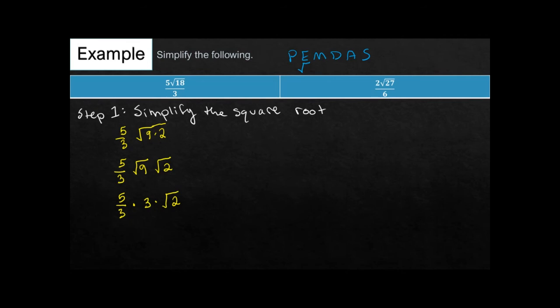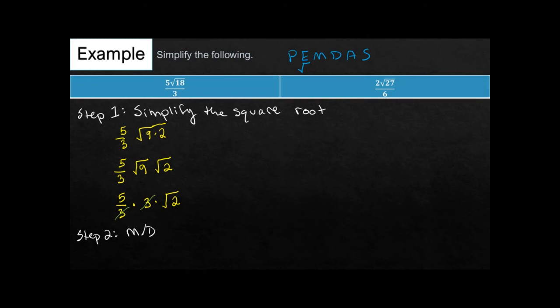And now here is where we need to do the order of operations. We're doing our multiplication and division here because we don't have any addition or subtraction. So the 3's can cancel out, because I'm multiplying by 3 and the fraction is dividing by 3.